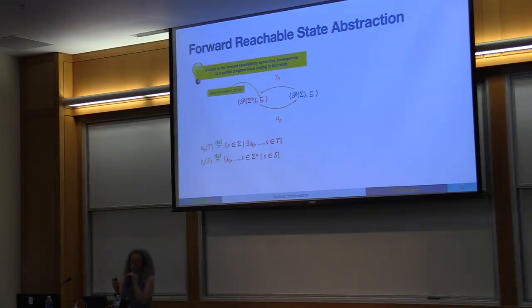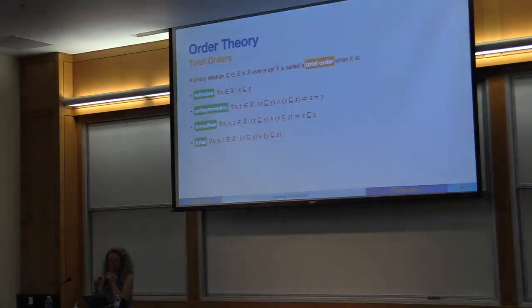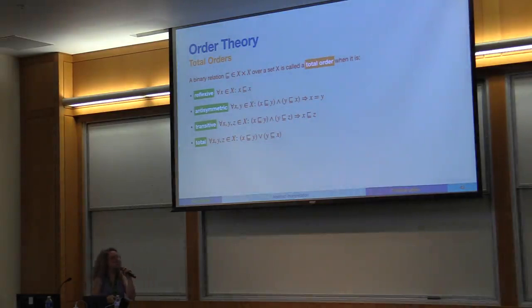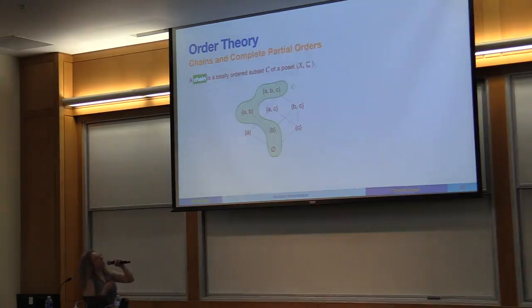I need to dive a little bit more into order theory. I will tell you what total orders are, because I need to define other notions. A total order is a partial order that is also total. So essentially, it's an order between all elements, so we can order all elements in the set. When we have a partially ordered set, if we take a subset that is totally ordered, then this is called a chain.